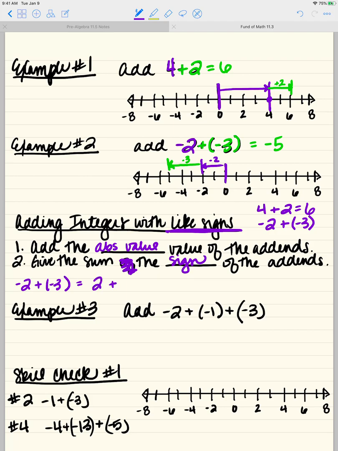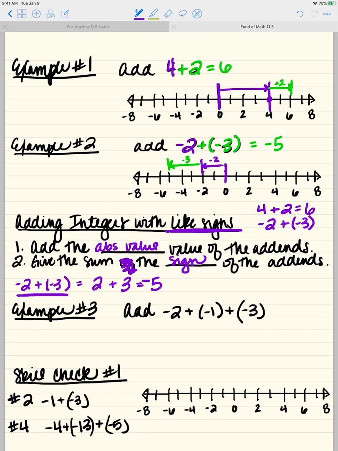What is the absolute value of negative 3? 3. What is 2 plus 3? 5. That's step number 1. Add the absolute value of the addends. Step number 2, give the sum the sign of the addends. What was the sign of our addends? It was negative. So our answer to -2 plus -3 is -5.